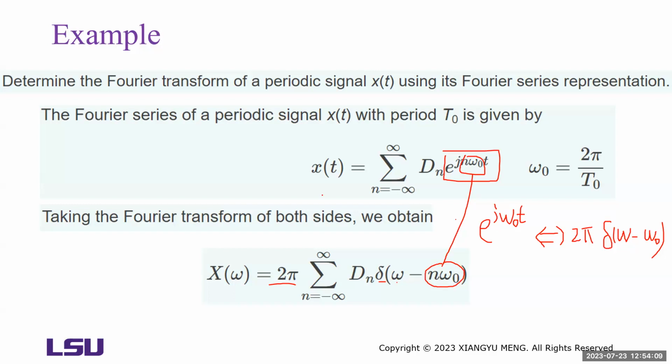The Fourier transform of x(t) is 2 pi times the sum over n from negative infinity to positive infinity of the coefficients Dn of the exponential Fourier series, times the impulse function shifted by n omega 0.